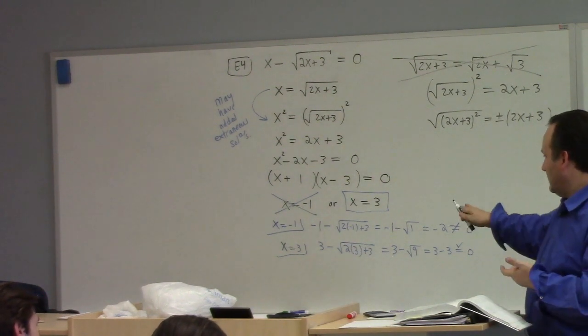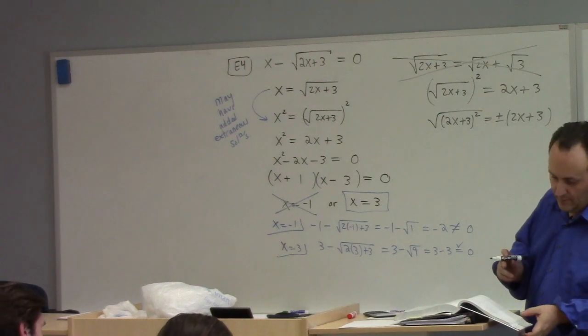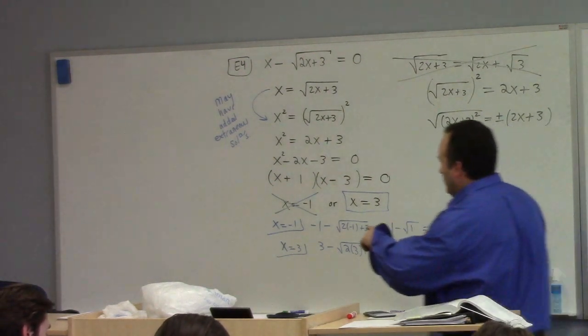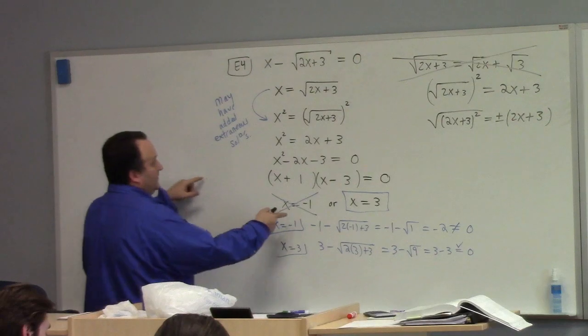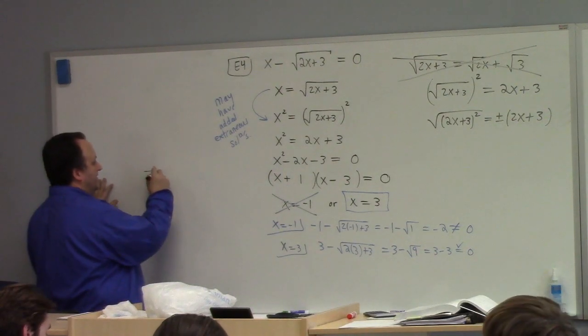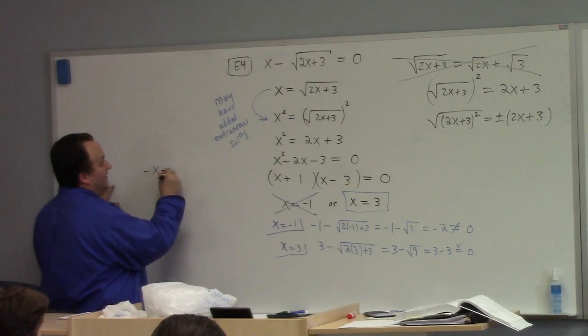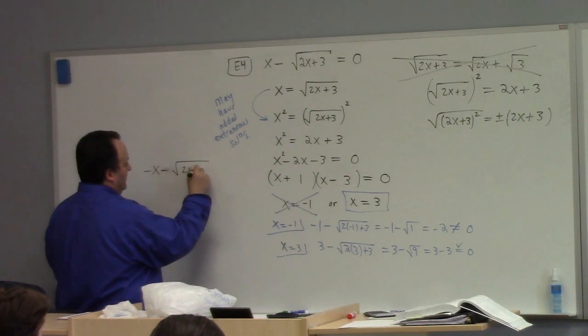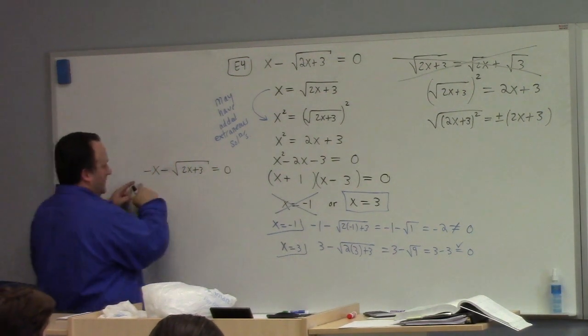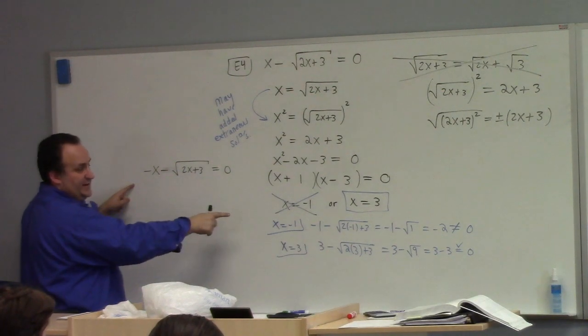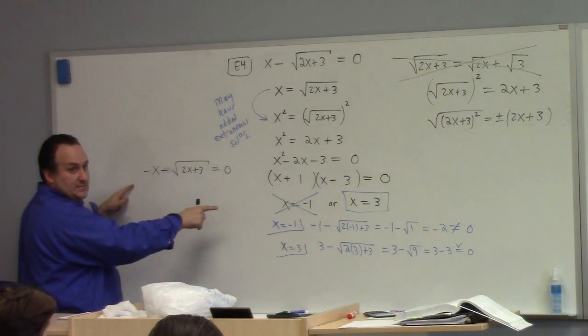But you see why the minus 1 didn't work, right? Now, minus 1 is the solution to this problem. If you go back to minus x minus the square root of 2x plus 3 equals 0, this problem has the extraneous solution as the solution.